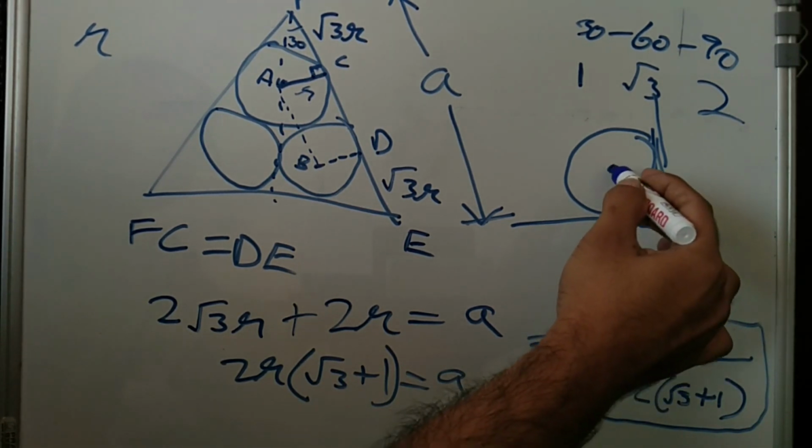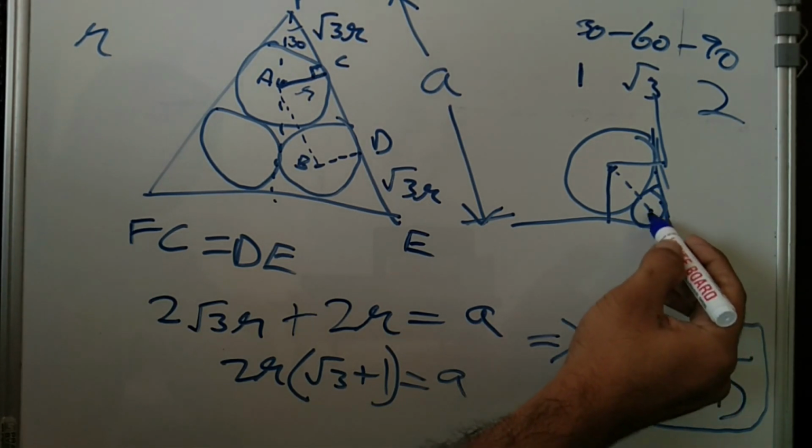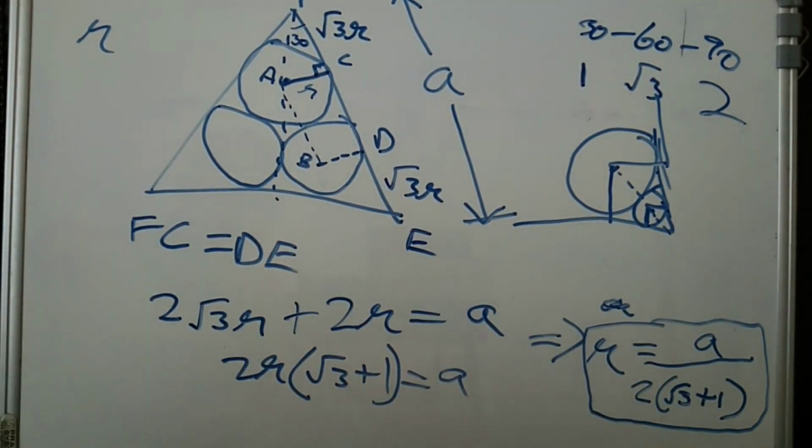In that question we have to just make a square like this and like this, and we can easily find out. So there are some figures which are very important to know how to derive the relation between the sides of the square, the side of the triangle, or the radius of the circle. So that's why I discussed this particular question.